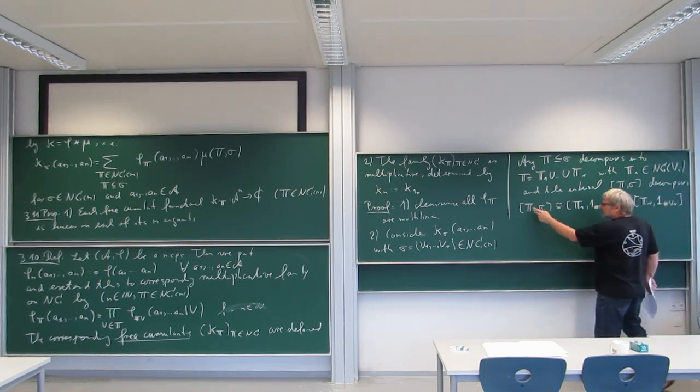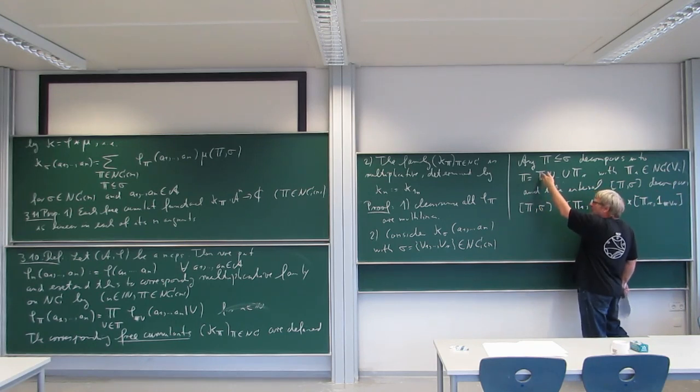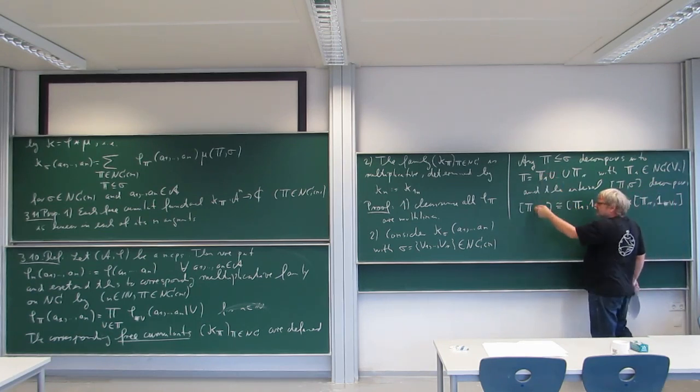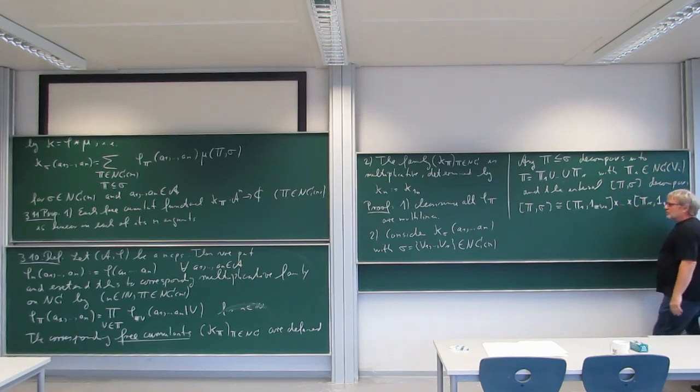If I want to have a non-crossing partition between this and this, I need a non-crossing partition for the first component. So this must be a partition which is between pi 1 and the maximal block, because sigma in this decomposition corresponds just to the block V1, and so on. And then I need a partition between this and this. The poset structure also goes over to this.